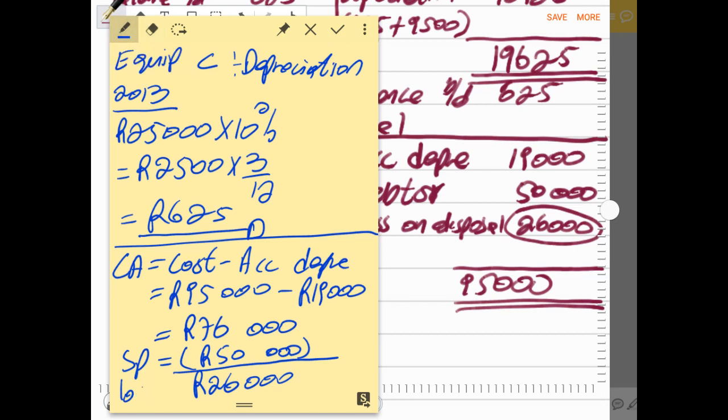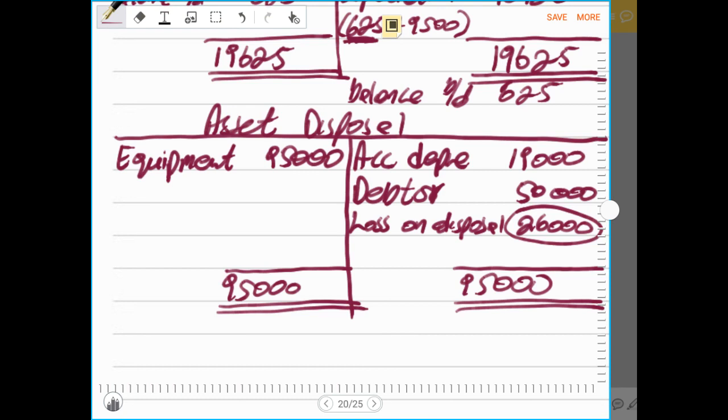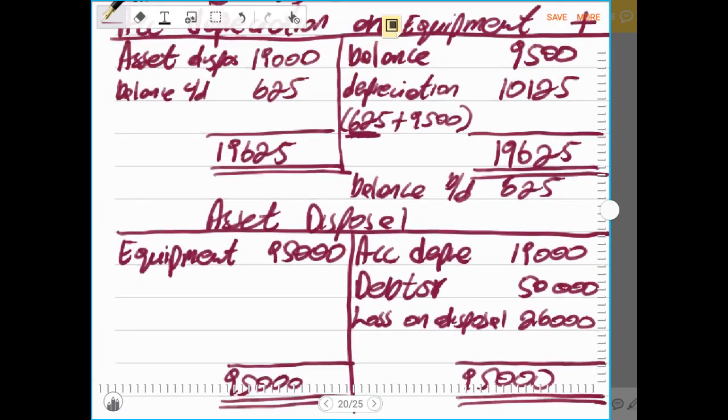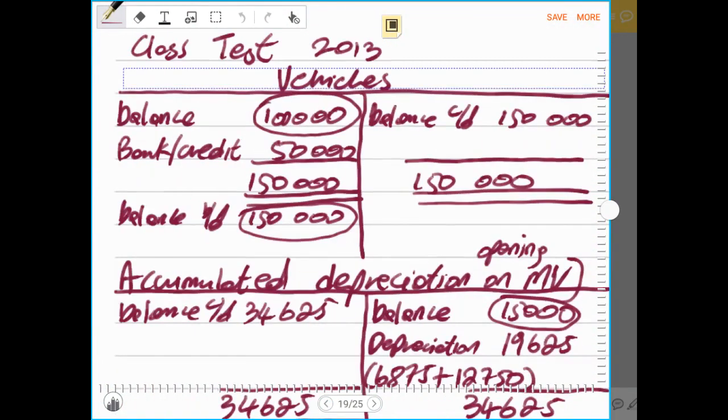So now another approach will be to calculate the loss like this, because not all the times you'll be required to do the ledger account, but you might be required to calculate if you have made a profit or a loss on the disposal of any particular asset. So now I have completed all the ledger accounts that were necessary. Now I will be transferring the same information in all these three ledger accounts, including, don't forget, my motor vehicles.